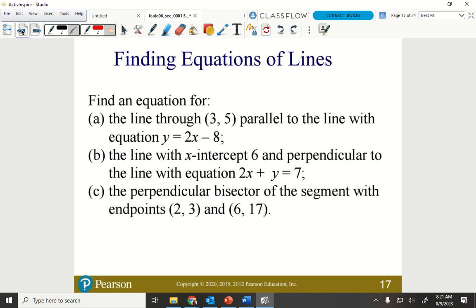Some things you do because you need to use that answer for your next part of the problem, but a lot of things don't simplify. You have a form for it. Just leave it. Yep. So, the next one. The line with the x-intercept 6 and perpendicular to this line here. Okay.